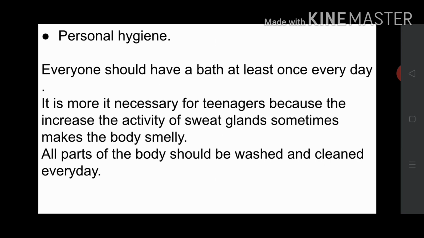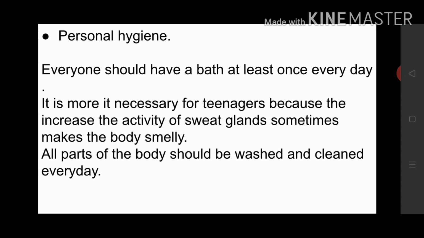Then personal hygiene. Everyone should have a bath at least once every day. It is more necessary for teenagers because of the increased activity of sweat glands, which sometimes makes the body smelly. All parts of the body should be washed and cleaned every day.